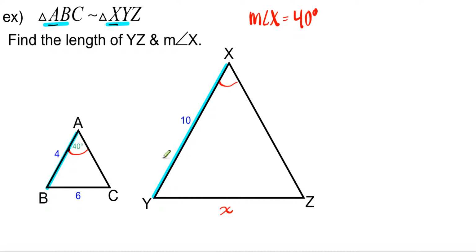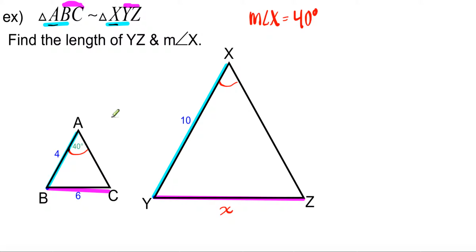In other words, one of the figures isn't rotated. All right, then we have the given information that BC is 6, and these last two letters, BC, correspond to YZ, which is the side we're looking for, which is excellent.